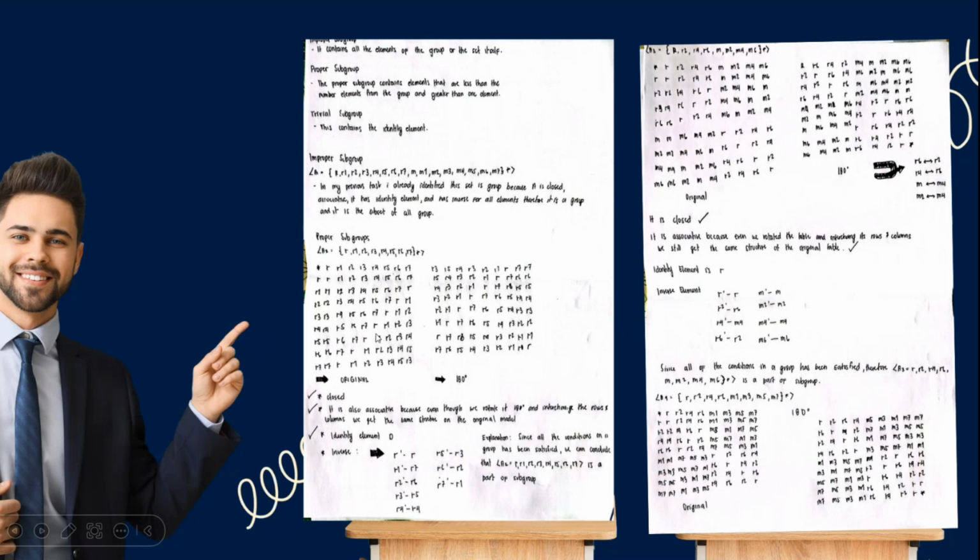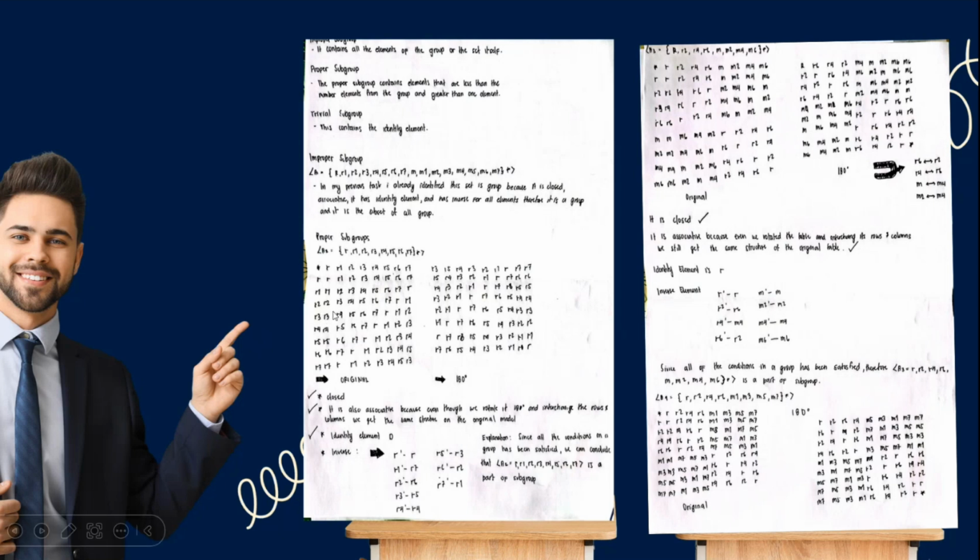In checking the associativity of the table, we have to rotate it 180 degrees. In checking if the subgroup is a group, we need to identify if it is closed, associative, and has an identity element and inverses.